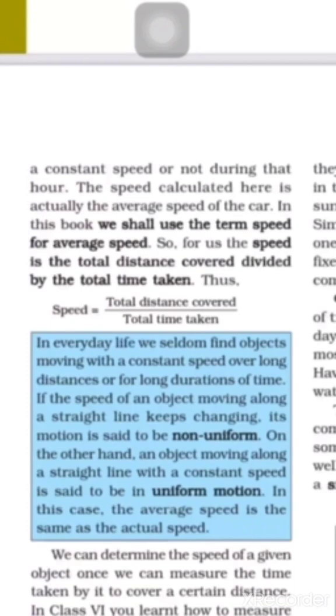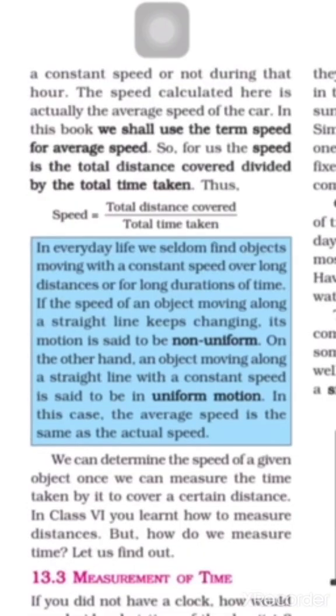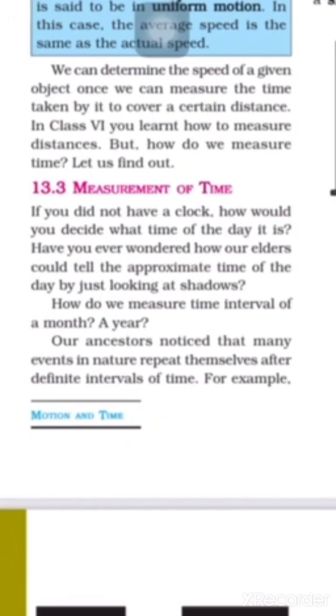So, we say that the car has a speed of 50 km per hour. We usually consider only the total distance covered by it in 1 hour. We do not bother whether the car has been moving with a constant speed or not during that 1 hour.